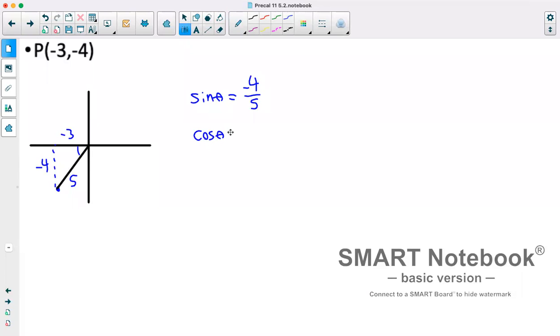Cos of our angle is our adjacent of -3 over our hypotenuse of 5. And tan of our angle is our opposite of -4 over our adjacent of -3. Our negatives will cancel out, so that gives us positive 4 over 3.